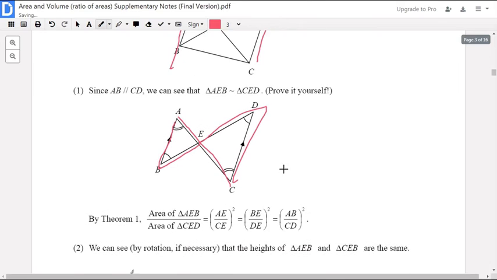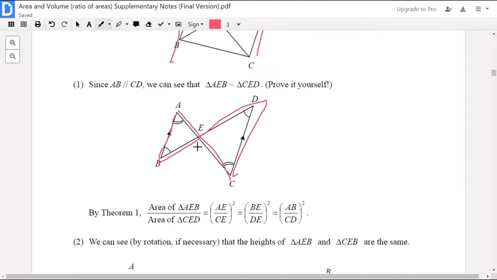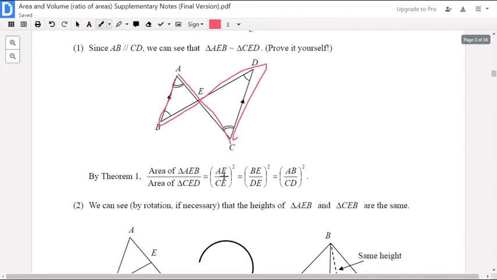Because they are similar, the ratio of the area of AEB to CED will be the ratio of the lengths of any corresponding sides and then squared. Say, for example, AE to CE and then squared.